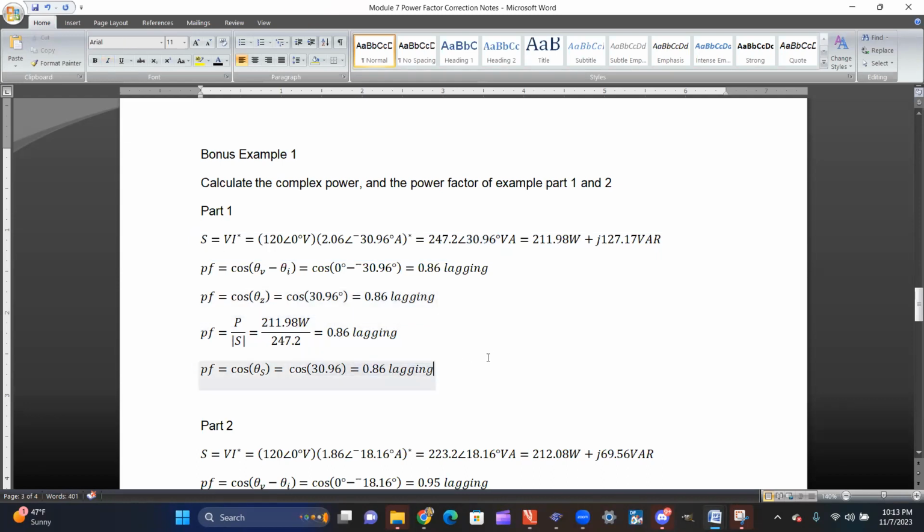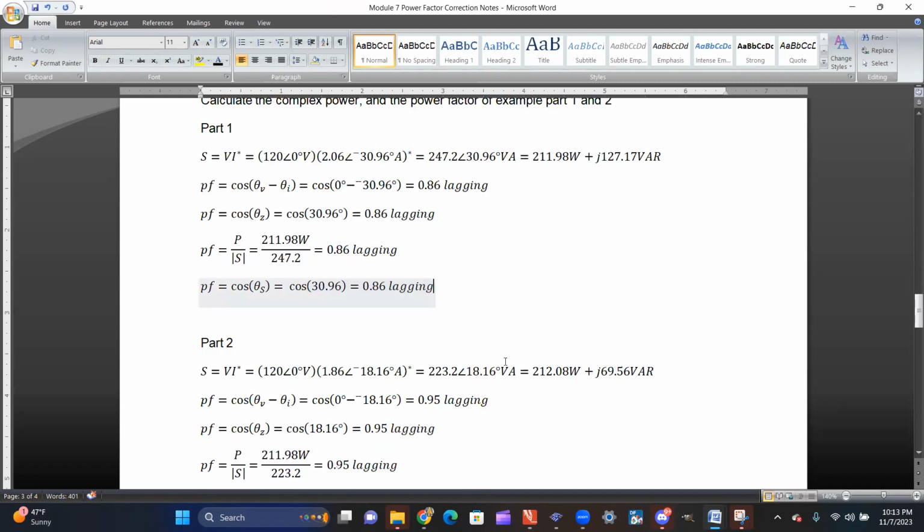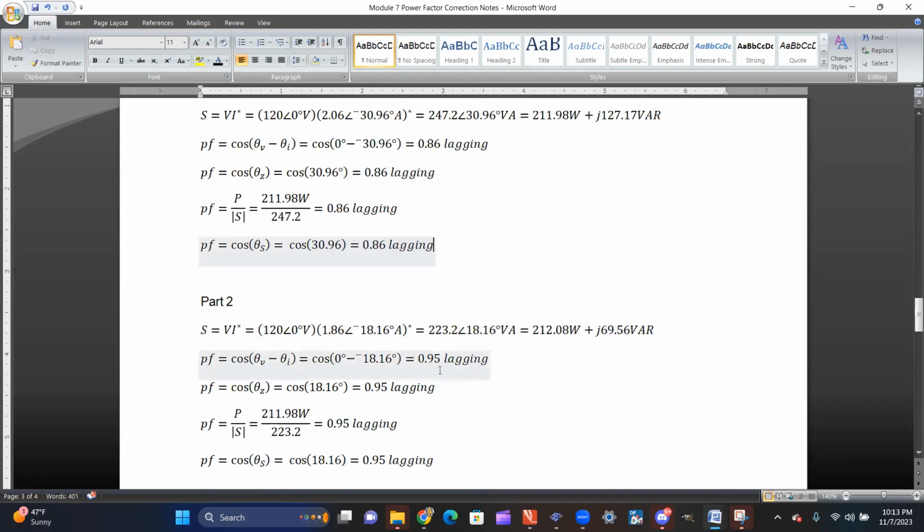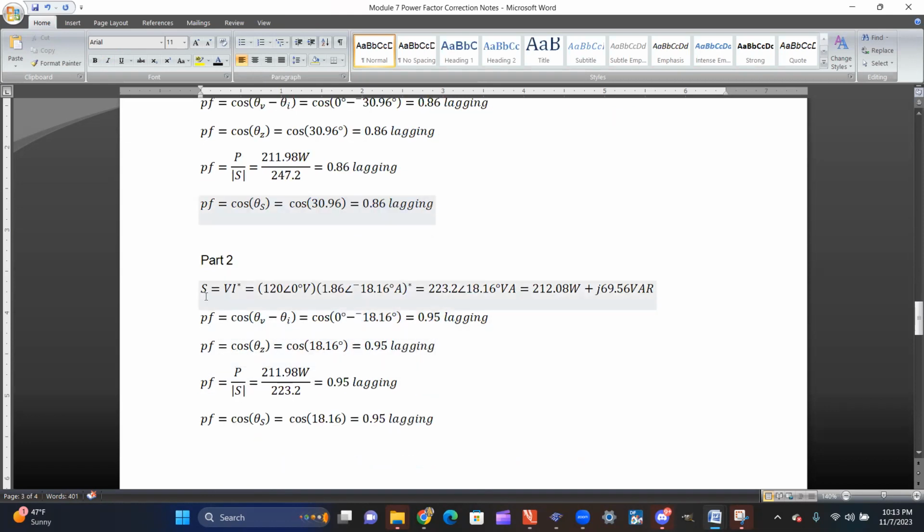All right, so part two, we use the complex power formula, S equals V times I conjugate. Therefore we get 223.2 at an angle of 18.16 volt-amps.